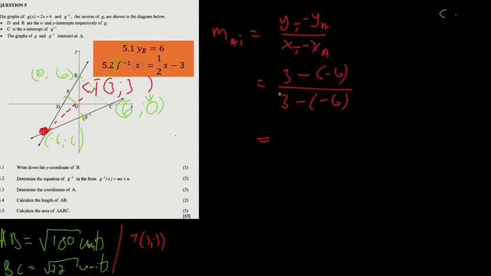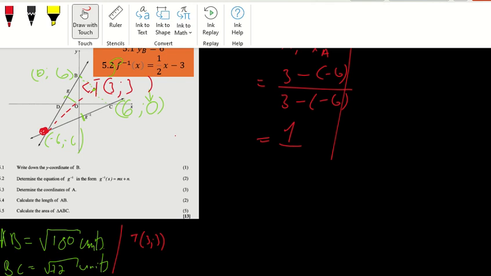So the denominator is equal to the numerator, meaning this is just 1. The gradient of this line is just 1. Then let's find the gradient of this one. The gradient of this line has to be equal to -1. If not, then these two lines are not perpendicular to each other.